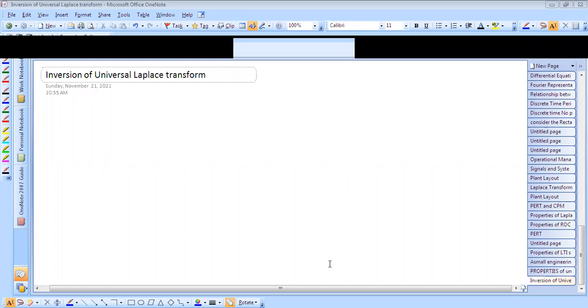We have discussed the unilateral Laplace transform of a function. Now we'll discuss the inversion of the unilateral Laplace transform. Understanding the concept of contour integration is very difficult.